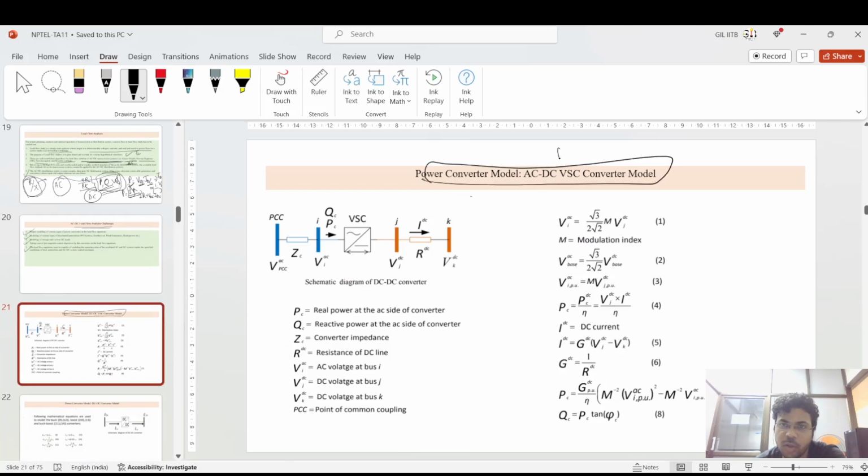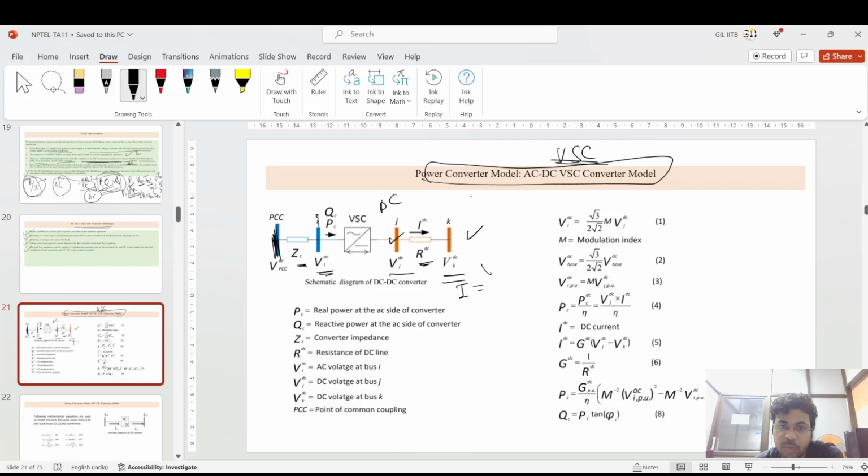So in the first model, if you see the power converter model, that is the AC to DC voltage source converter model. This is the point of common coupling, and in between you have a ZC, that is the converter impedance, because it is converting from DC to AC. That is the inverter side, where QC and PC are being generated on the AC side. On the right side you see the DC system, with the Jth bus and the Kth bus, and the voltages at both terminals are VJDC and VKDC.